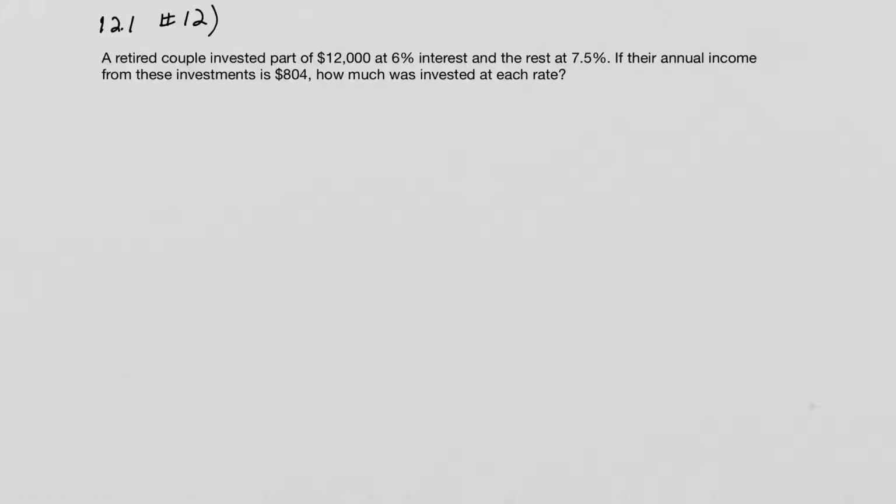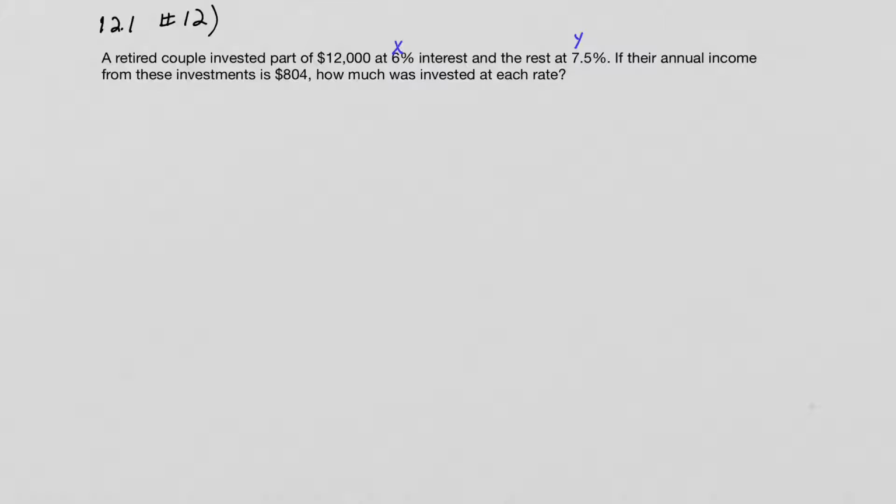Well, let's call the amount of money invested at 6% X and the amount of money invested at 7.5% Y. So the interest then, this is simple interest, so the interest is just found by taking the percentage times the amount of money.